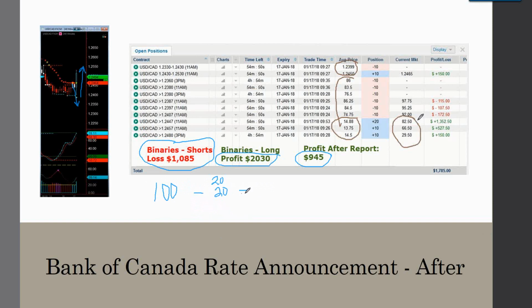Okay, so 100 minus 20 equals 80. Minus the $20 you paid to get into the trade still leaves you a profit potential of $60 per contract, provided one expires in the money. Now, I usually exit at 80, so that still leaves me a profit potential of 40.